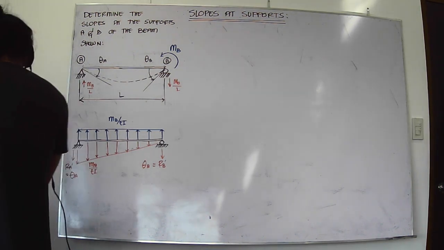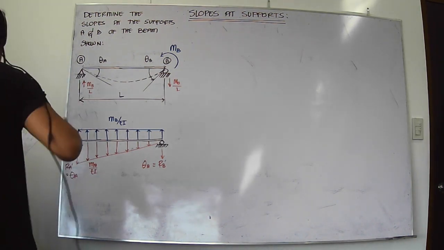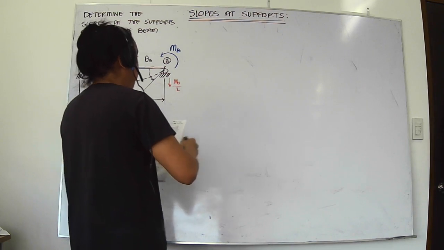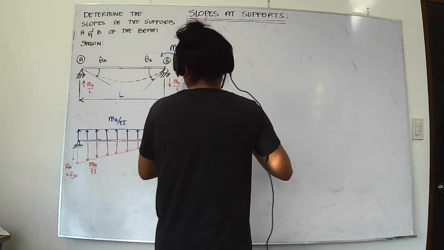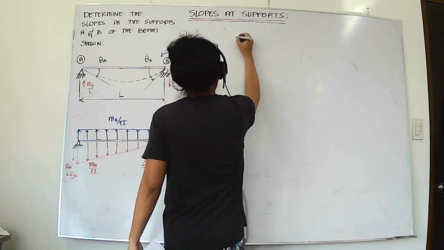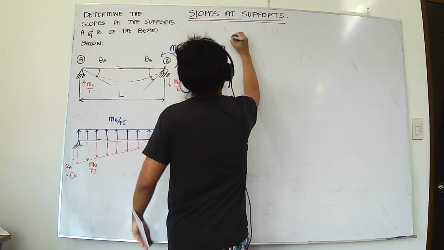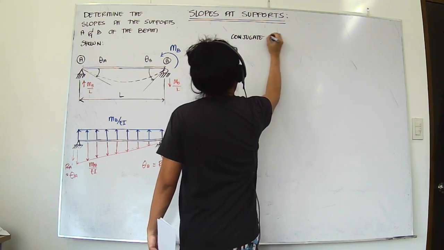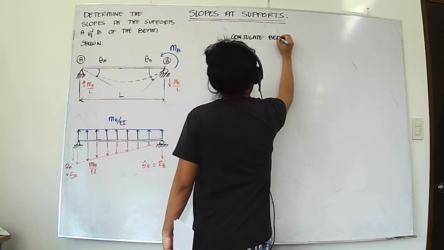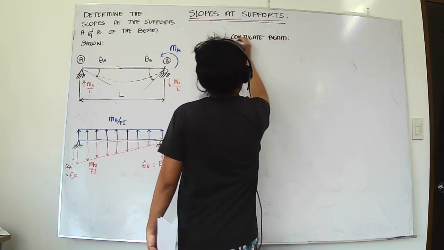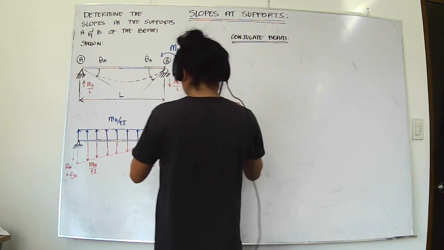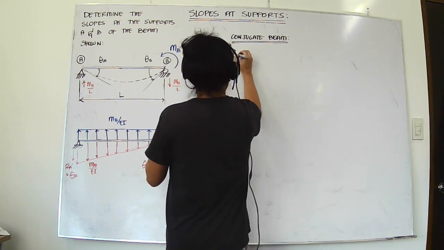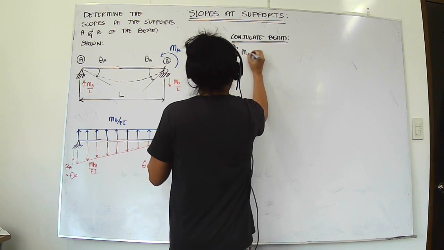Now from our conjugate beam, we can also calculate these slopes. So from the conjugate beam, I would like to sum up moments at B, or B prime.